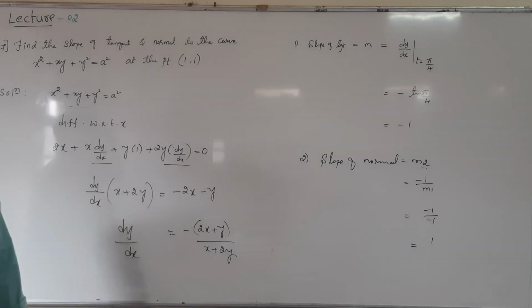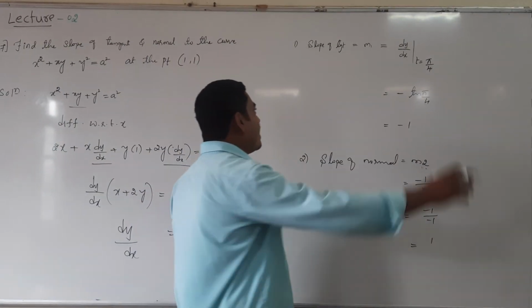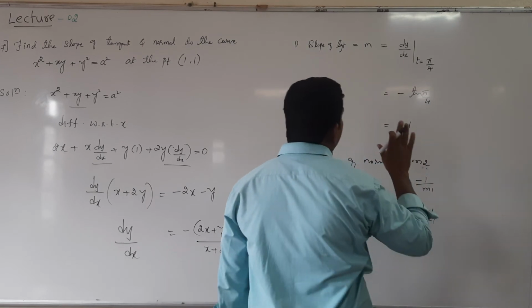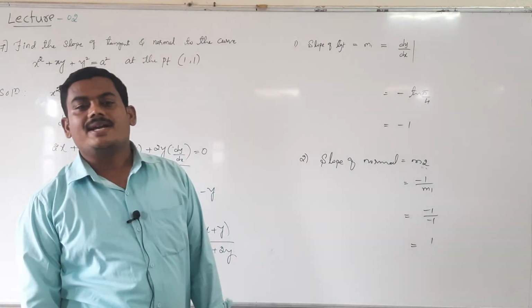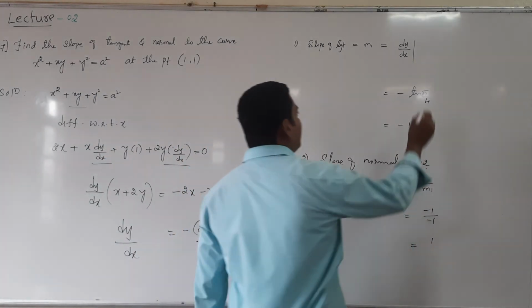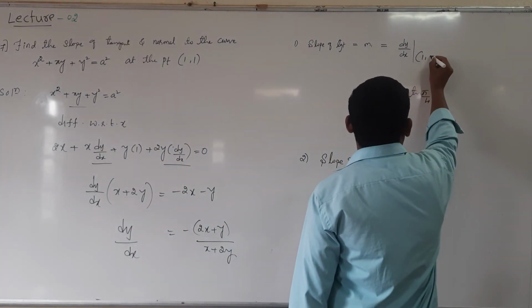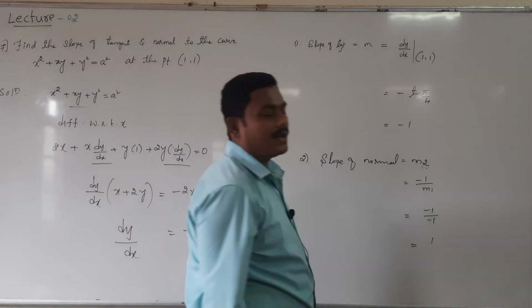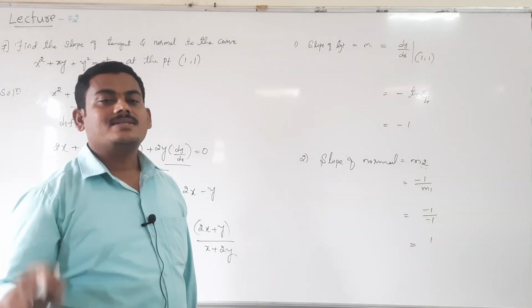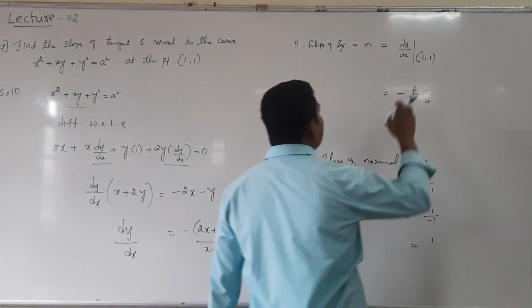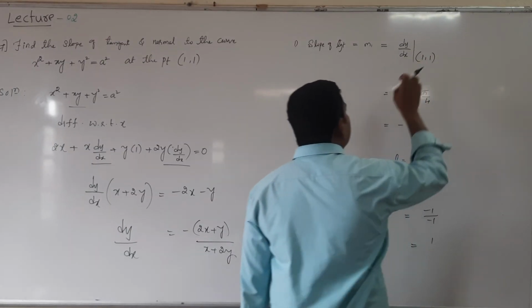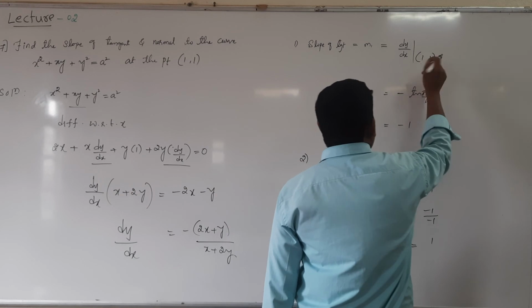Once you get dy by dx, write slope of the tangent and slope of the normal. Slope of the tangent is nothing but dy by dx at a given point. At a given point means at 1 comma 1. At 1 comma 1 means x value 1, y value 1. It is not an interval. It is a point.